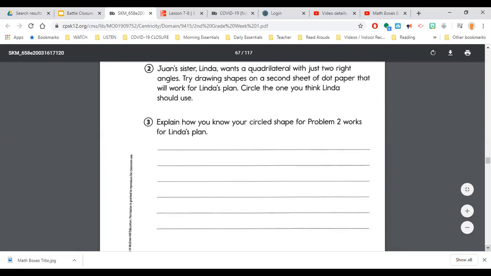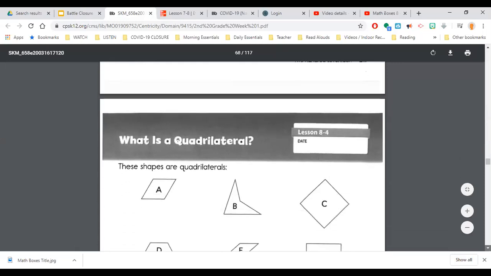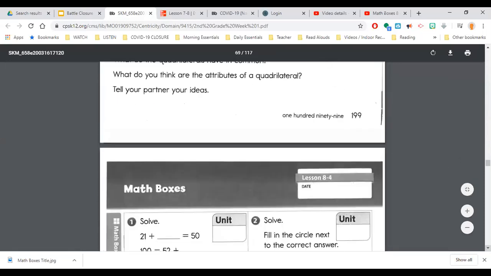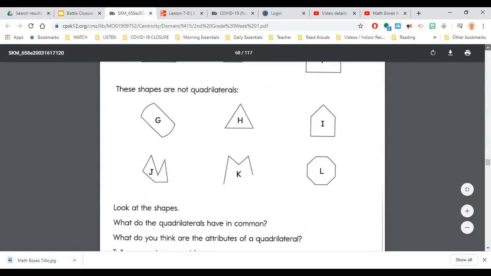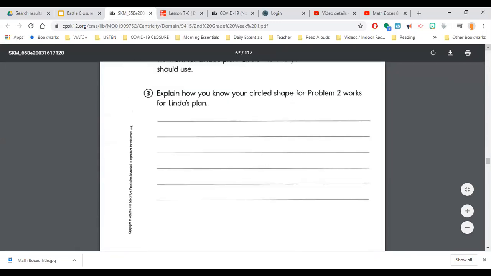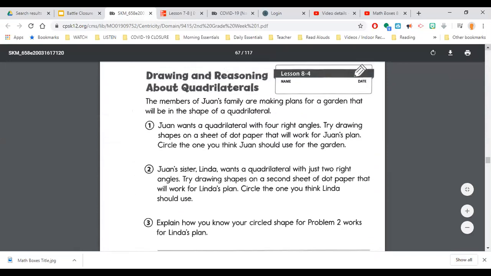So you're going to do some describing there. So inside your packet, again, you should be able to remember what a quadrilateral is from our other page that we worked on, and use our dot pages in there to help with your drawing. So make sure you give a couple different options. So that's why they give you some separate pages there to work on for both Juan and Juan's sister, Linda. All right.